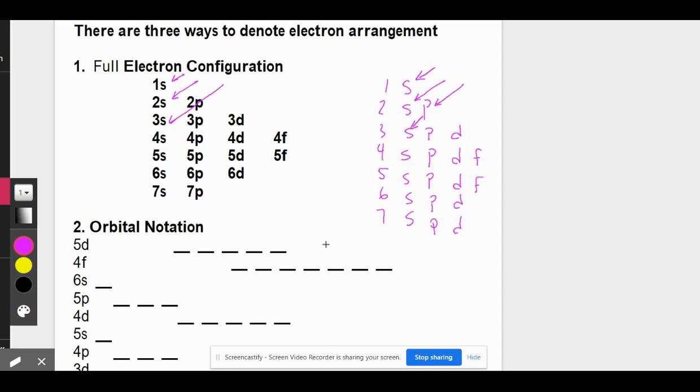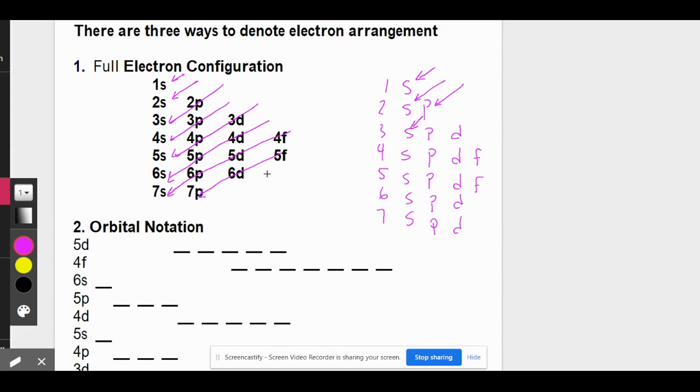Okay, so 2p, 3s, and then 3p, 4s, 3d, and then 4p, and then 5s. So you're filling them up based on these diagonal lines here. And that's why you don't have to memorize the order down here for our orbital notation. You can just follow these arrows and you know what order to go in.